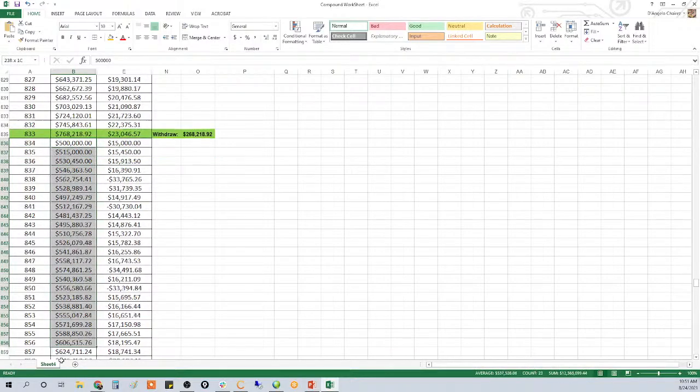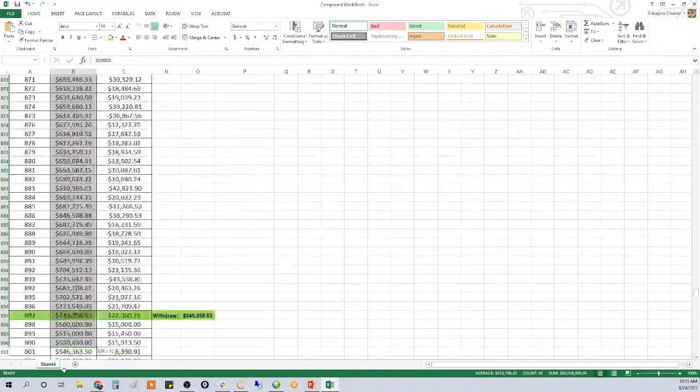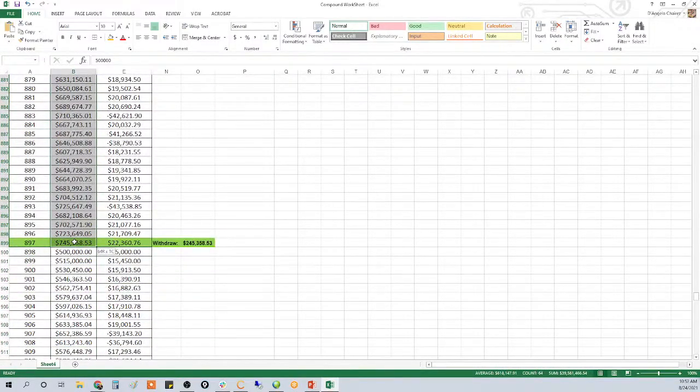From your first withdrawal, 2 trades a day to right there is 64. So 2 trades a day, that's about 32 days. There's about 20 trade days in a month. So that's about a month and a half, and you've made another $250,000. Okay?